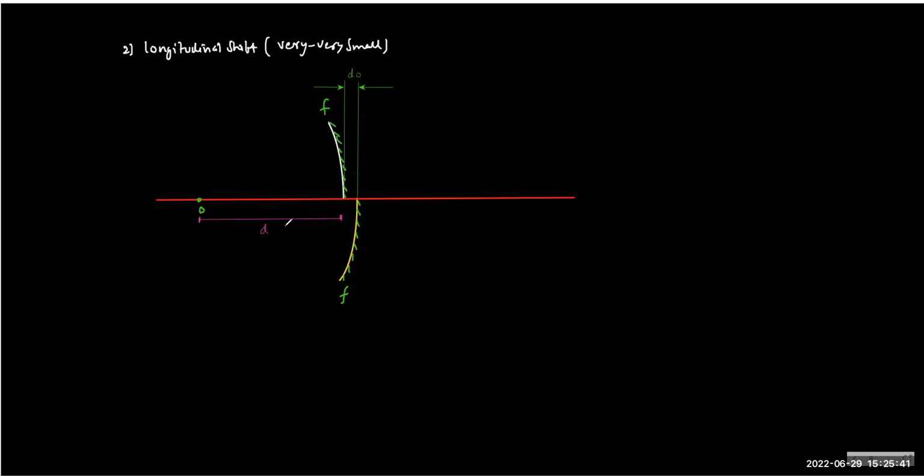Because we have two mirrors and the object distance will vary for each mirror slightly, you will get two images and the two images will be slightly far apart. And we're supposed to find the separation between the images in this case again. So the way of solving is you consider just one mirror and imagine two objects at a separation d naught. That is a better way of thinking.